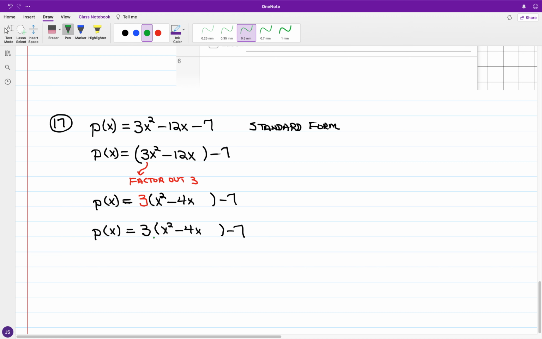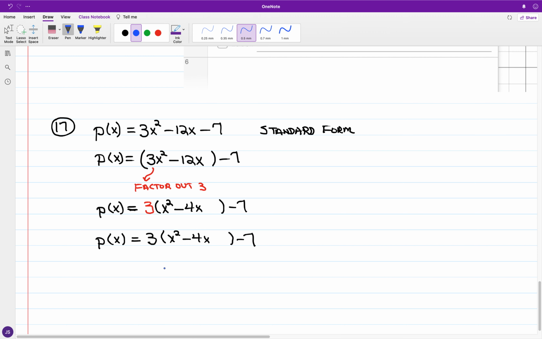Now, for completing the square, if the leading variable term is just x squared, what I'm going to do here is take the coefficient that is next to the first order variable. In this case, we have -4.